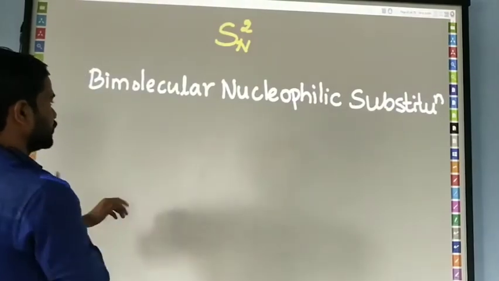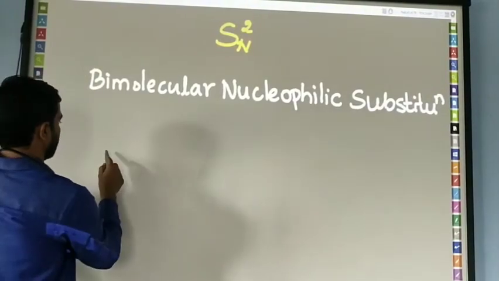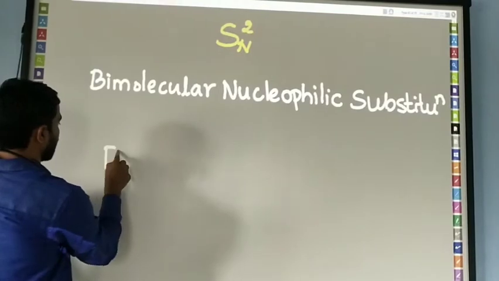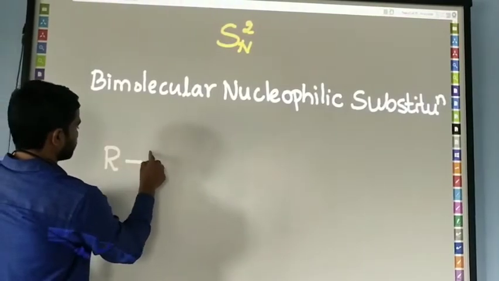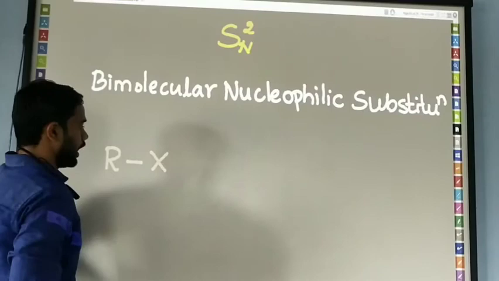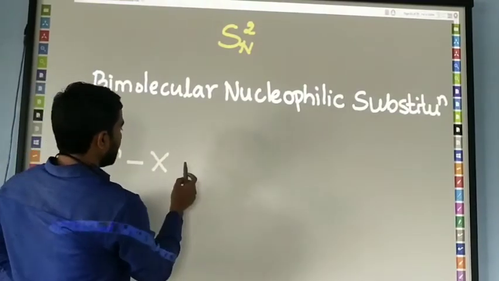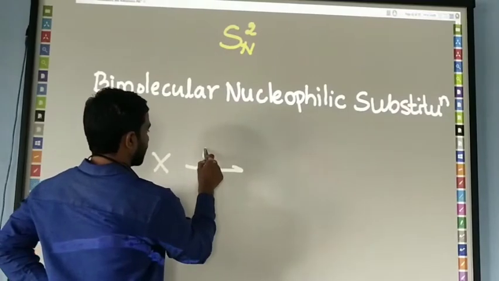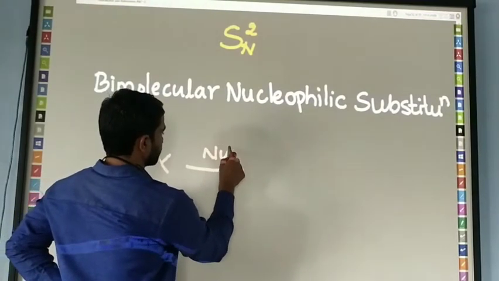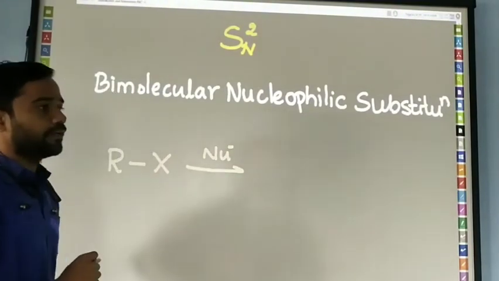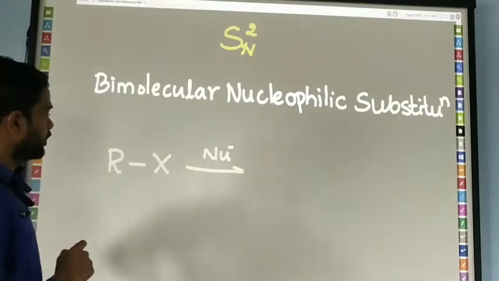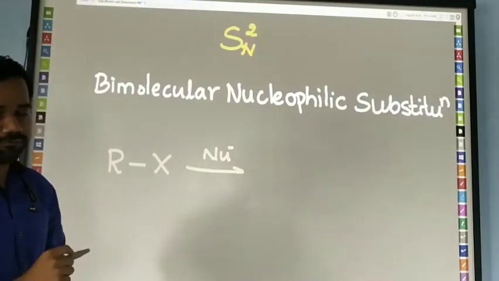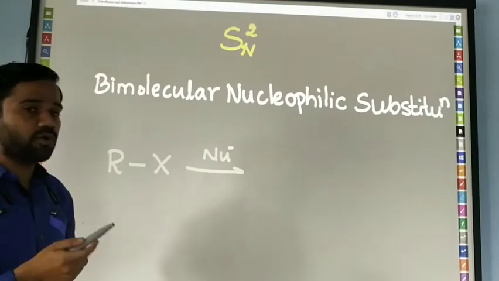Let's see the general reaction for this. Let me take an alkyl halide. In the first step itself, it's going to be attacked by the nucleophile. With respect to the SN1 mechanism, in the first step there is a formation of the carbocation.